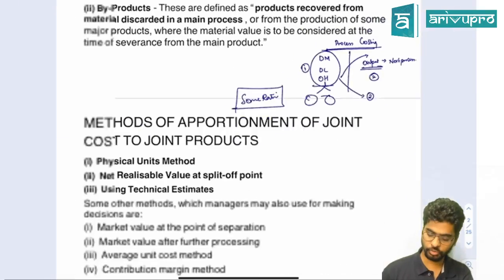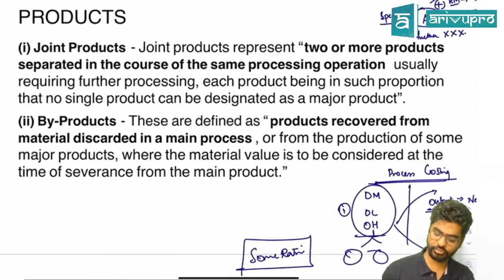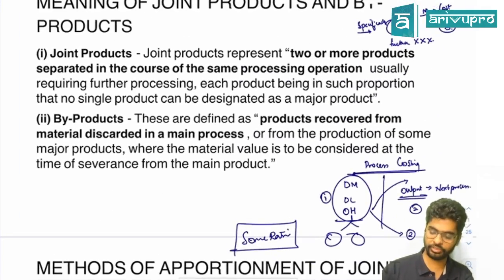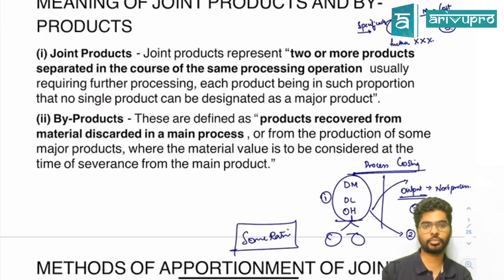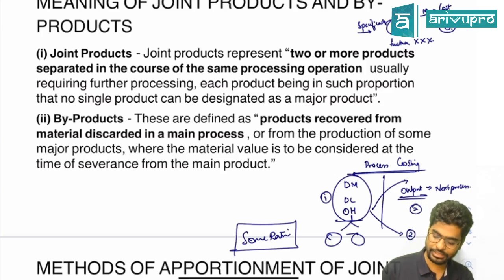Right? So let's first go back to the definitions, and then we'll come back to the questions part. What is a joint product? A joint product represents two or more products separated in the same processing operation, usually requiring further processing.